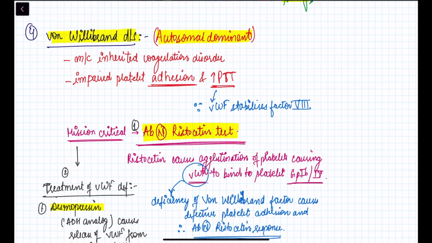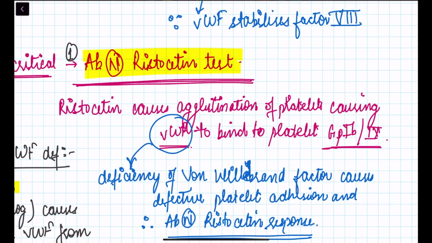So ristocetin, what it does is it agglutinates platelets. If you add ristocetin, the platelets start to agglutinate and start binding to von Willebrand factor.